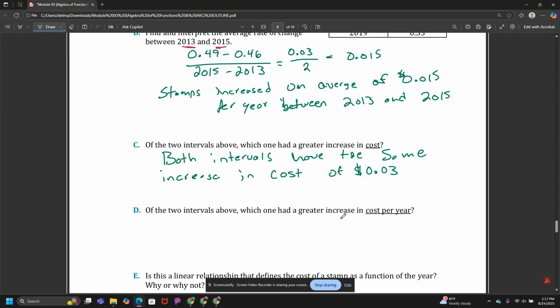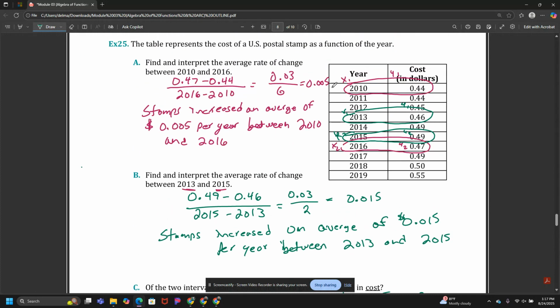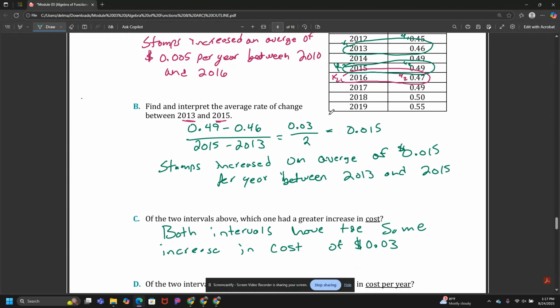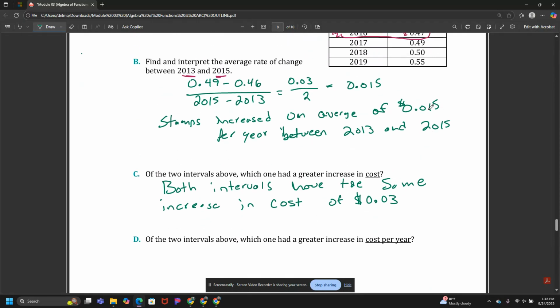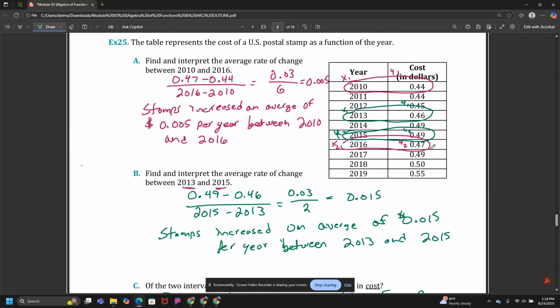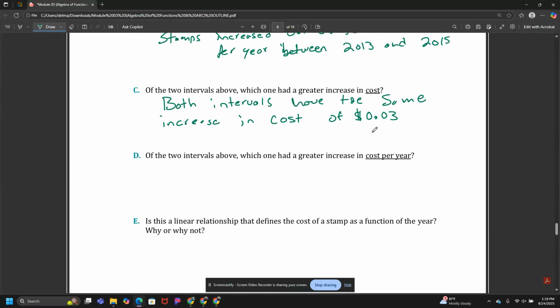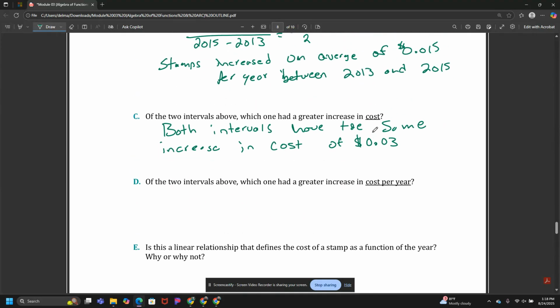Of the two intervals, which one had a greater increase per year? Well, this was 0.005, so less than a penny, right? And then this one had 0.015, so this one's greater, right? So we could write that up.